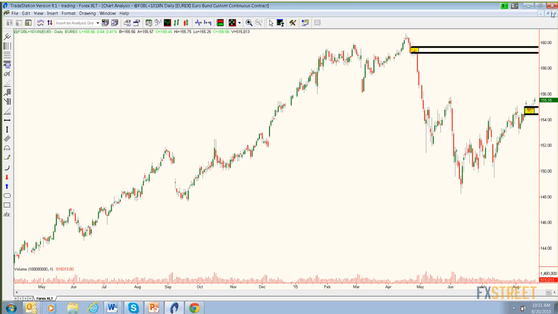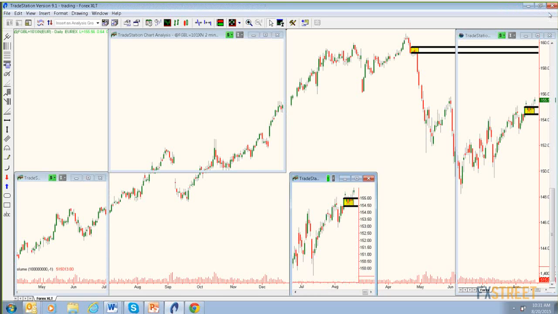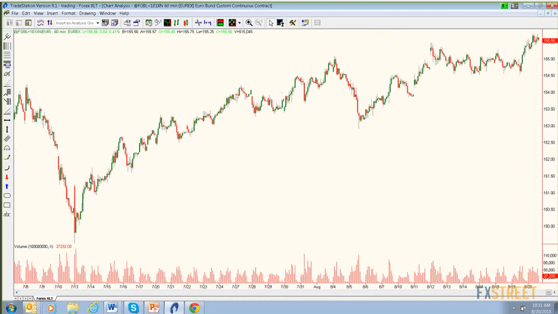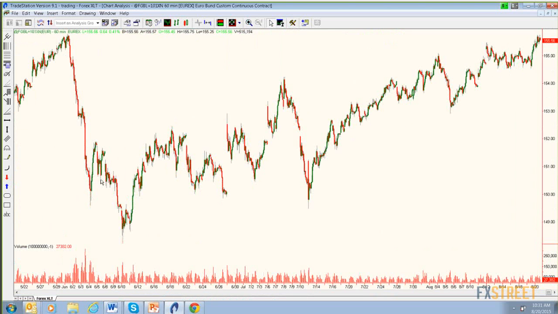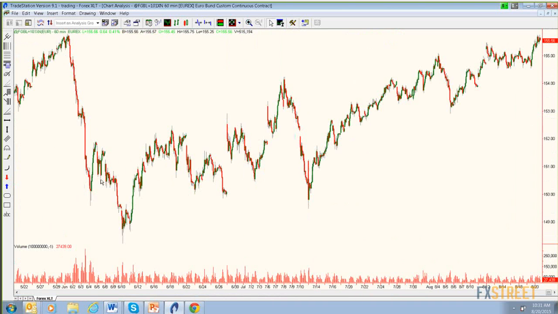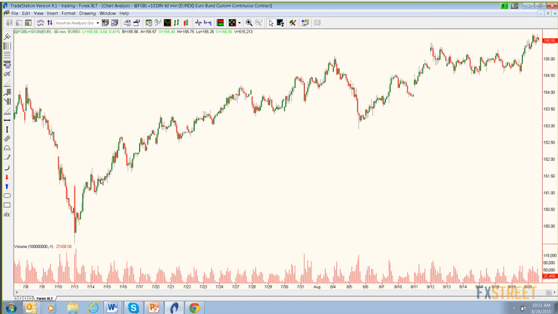Okay. All right, so that's the bigger picture. Now let's go down to smaller time frames. It doesn't mean we're not going to have a shorting opportunity on a smaller time frame. Let's just go have a look. Okay, so even when we go to this time frame, we've got the hourly chart here.